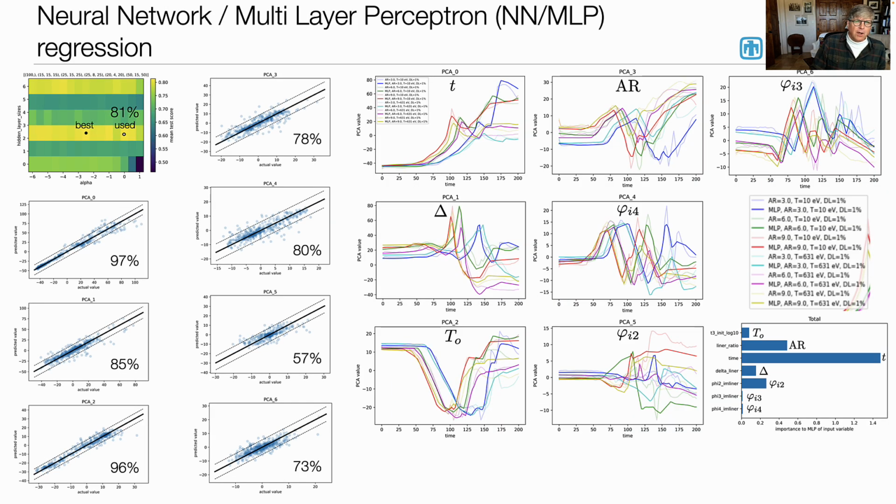So we ended up going to this multi-layer perceptron with ReLU activation. Different structures of the hidden layers were sampled over, as well as the amount of the regularization alpha.